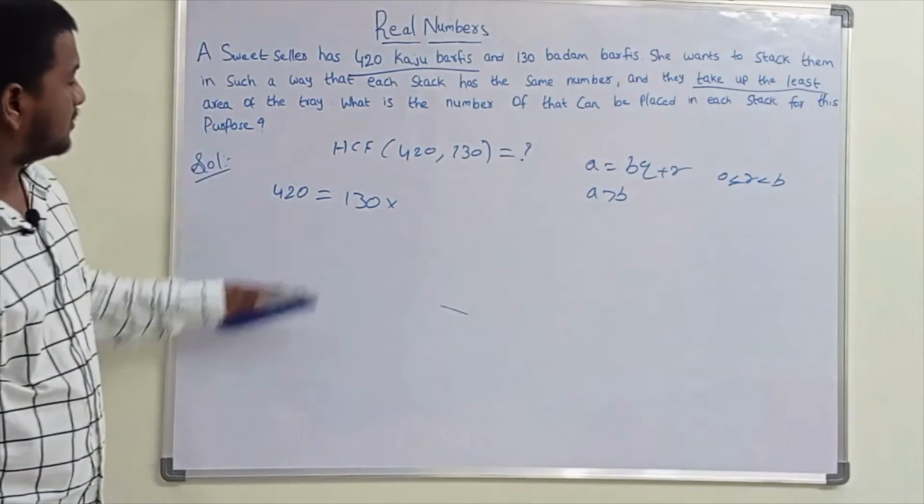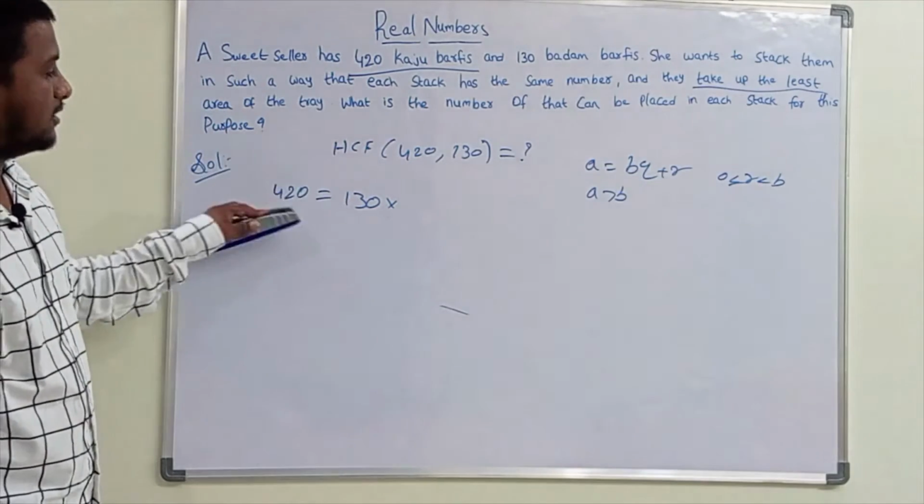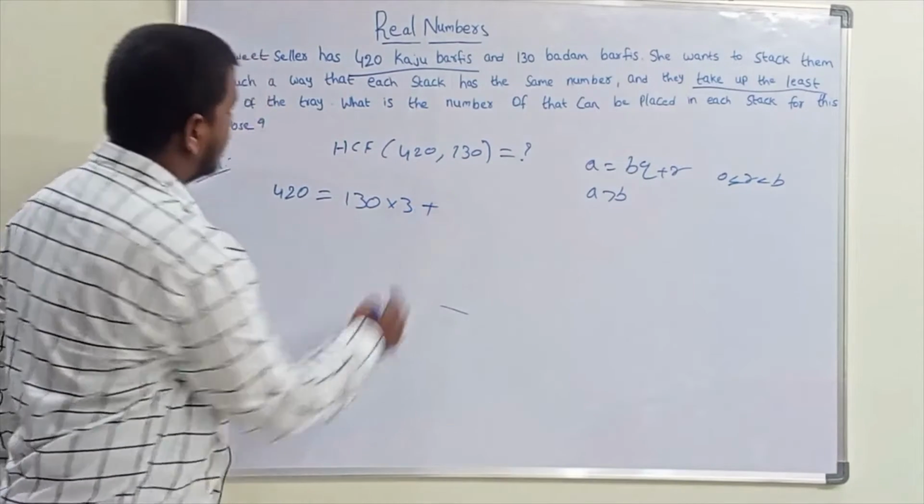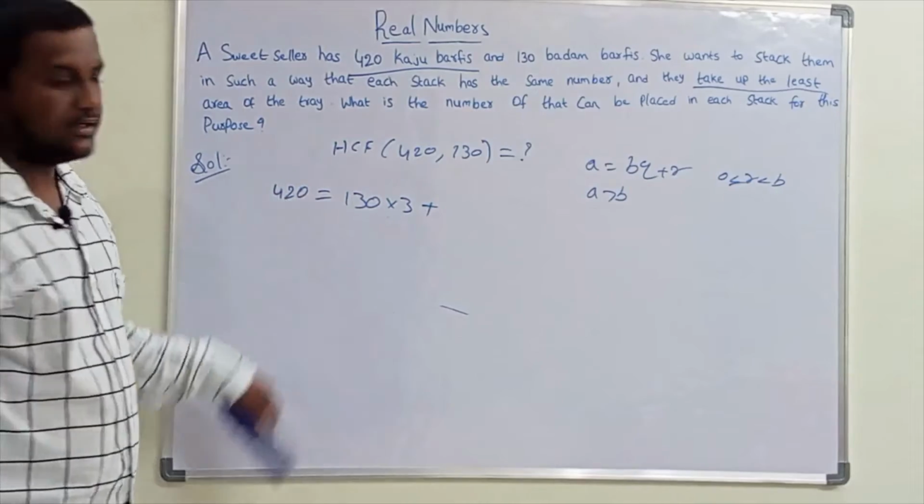How many times? 3 times. So 100, 300, 390. 3 times is 390, and the remainder is 420 minus 390, which is 30.